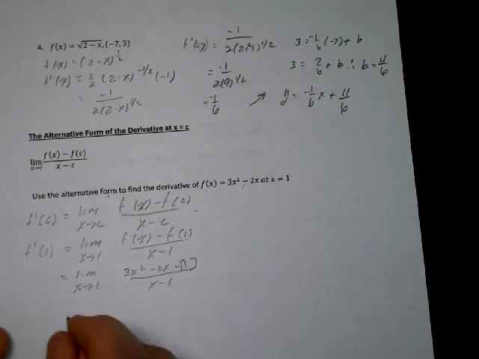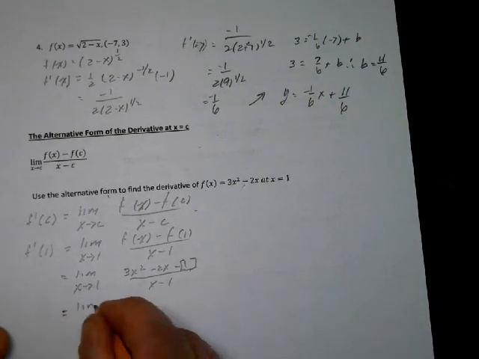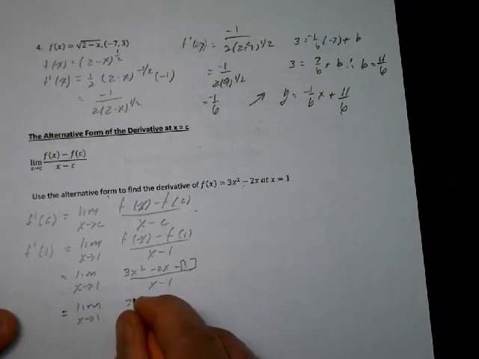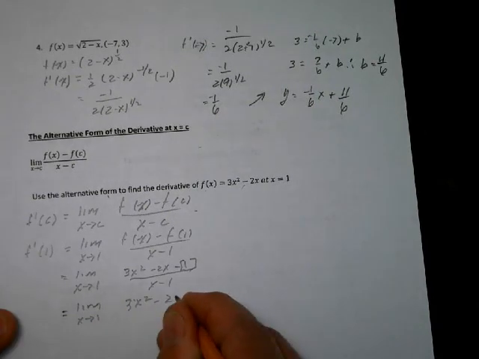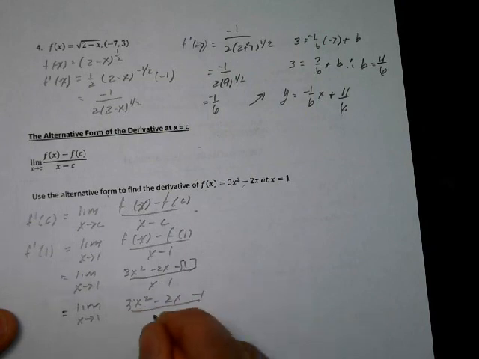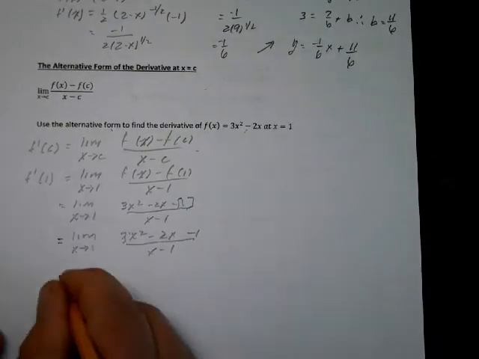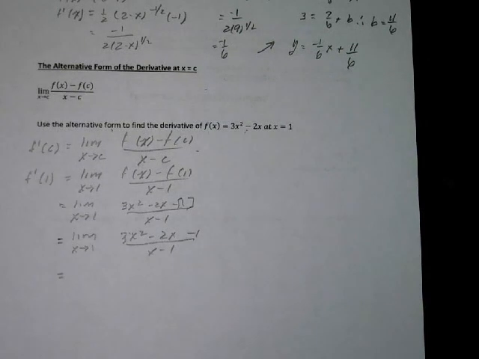Now where did this 1 come from? I just put 1 into the x's: 3 minus 2 gives me 1. So I have 3x squared minus 2x minus 1 all over x minus 1.